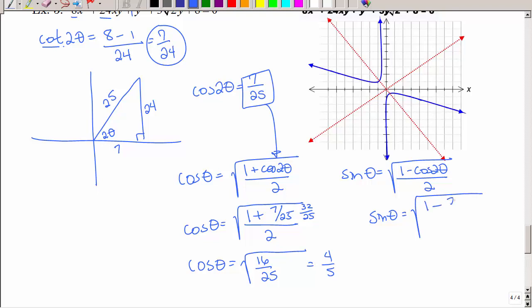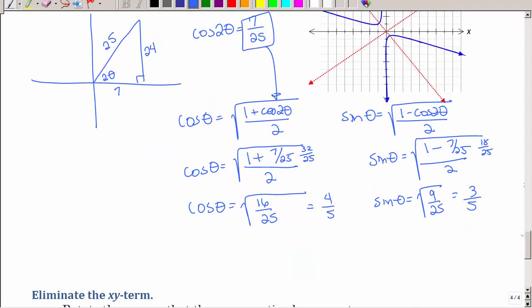So that's 1 minus 7 over 25. So that's going to be 18/25. Divided by 2 is 9/25. And so our sine is 3/5. So now we're ready to write our rotation formulas.